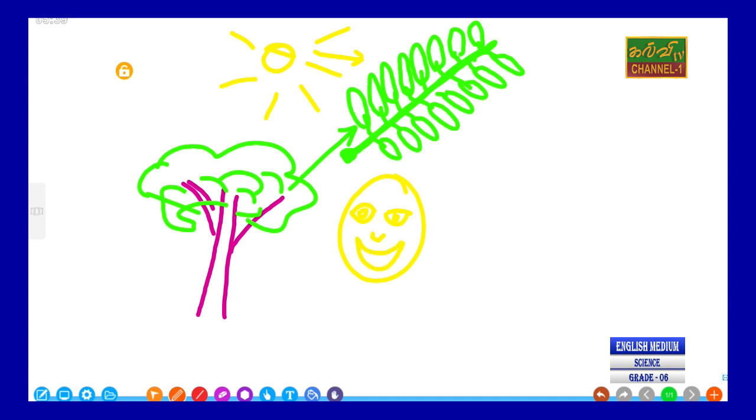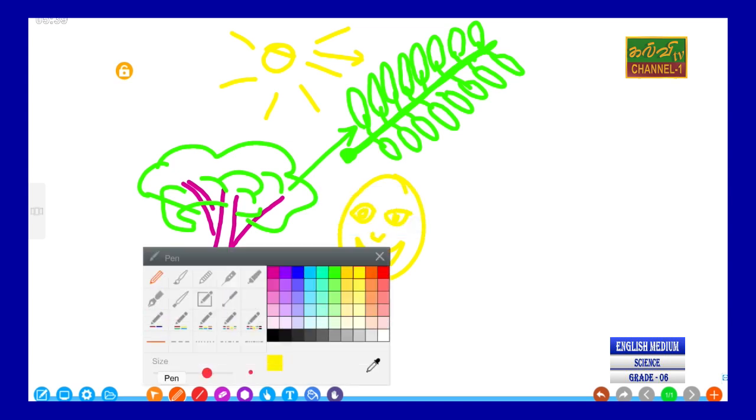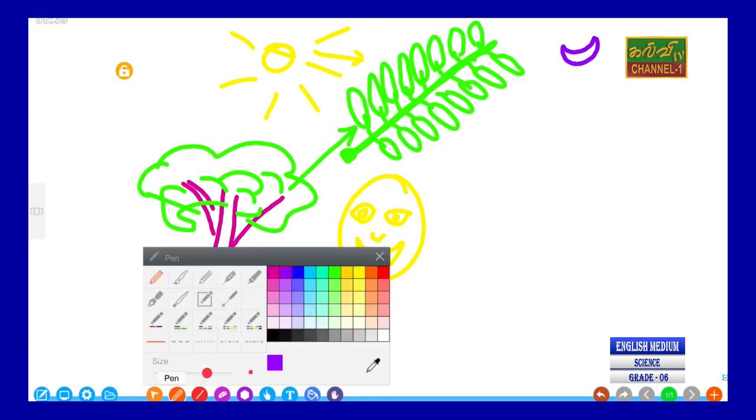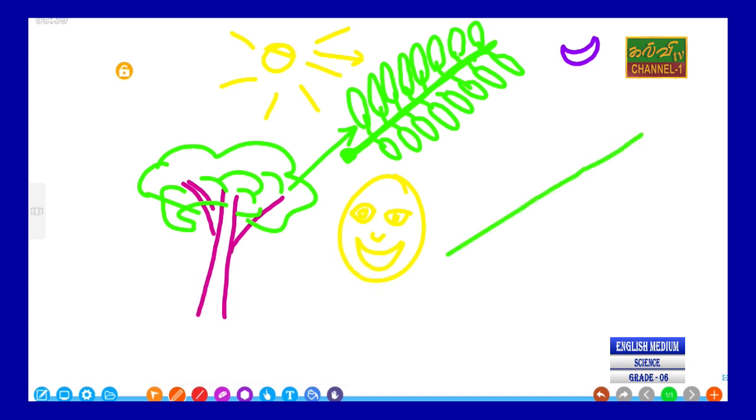After the night time, when it is night, what happened? Okay, we will see in the night time. These leaves are going to sleep, meaning they show that movement. All the leaves move like this.